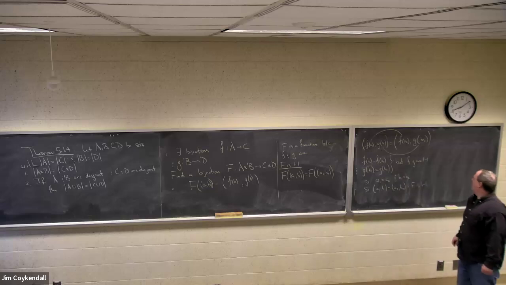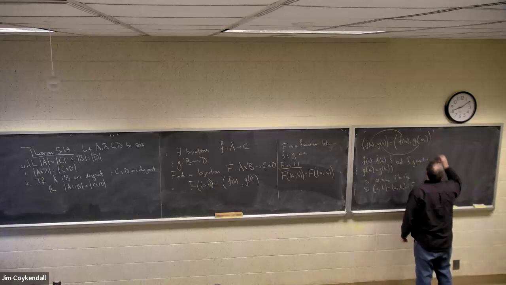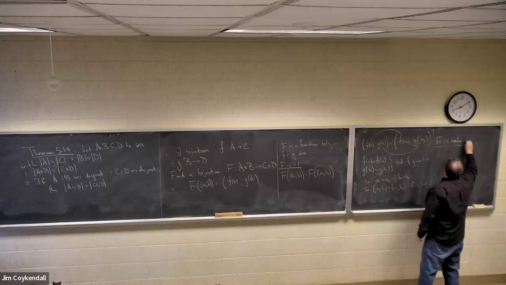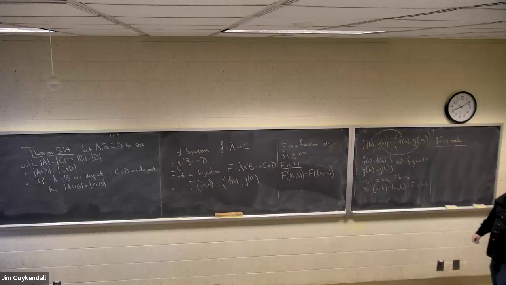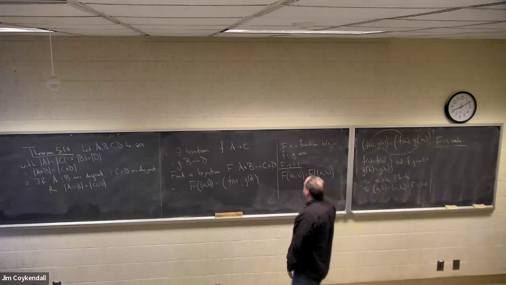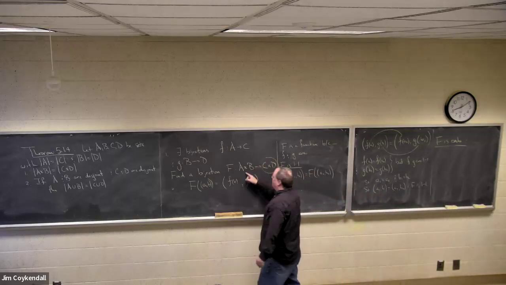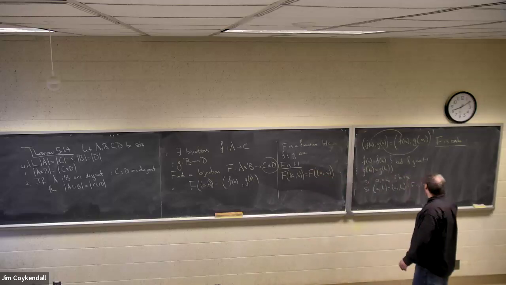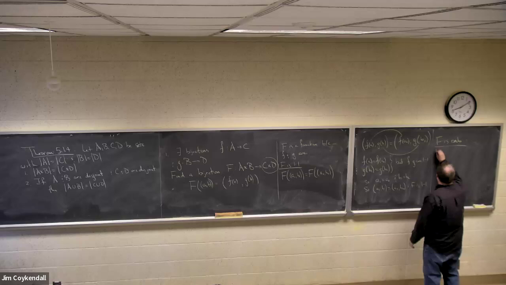What about onto? Let's pick some element. What do we have to do to show it's onto? We have to show that anything in the codomain can be reached by something in the domain, right? So let's start off here.